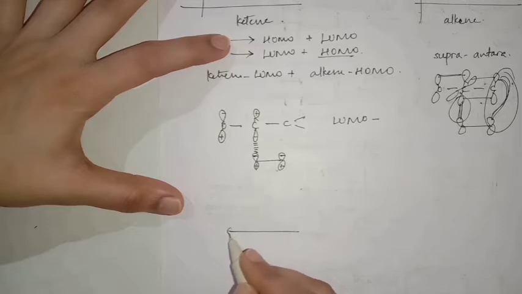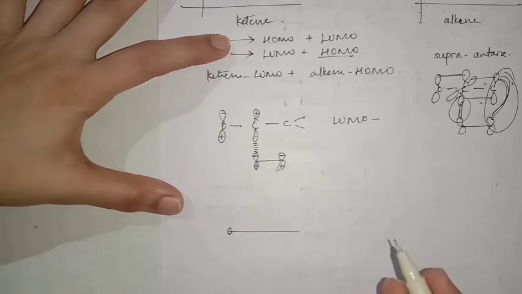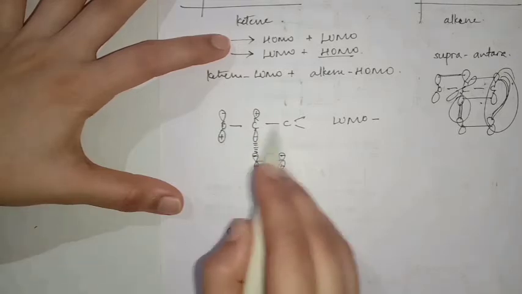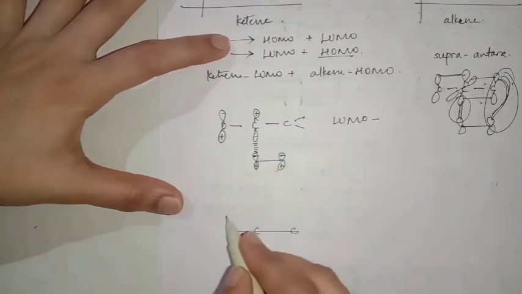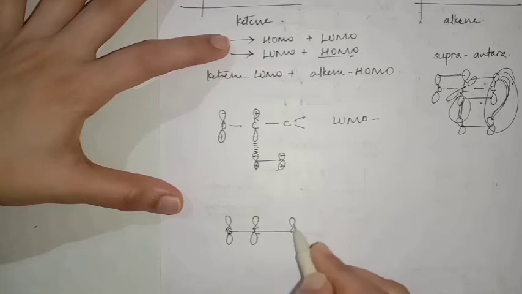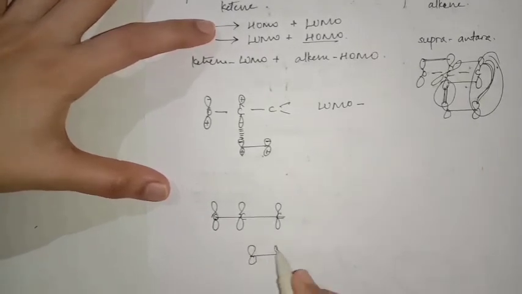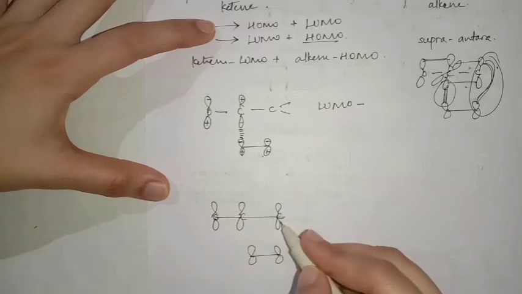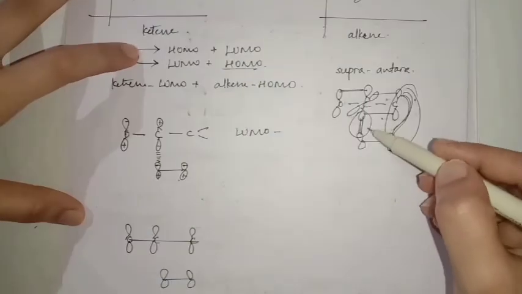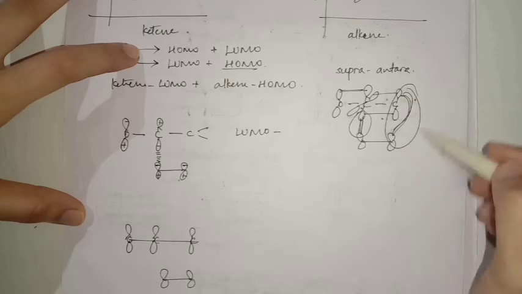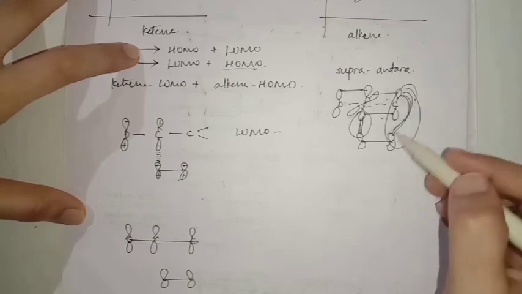It will be oxygen, carbon and carbon, the same condition will be there. Here is a p orbital, here is a p orbital, and here is a p orbital. But now we have to make a bond between this ethylene molecule and this carbon, right? We have already made this bond. Now we are discussing this bond, which will be with a different lobe.